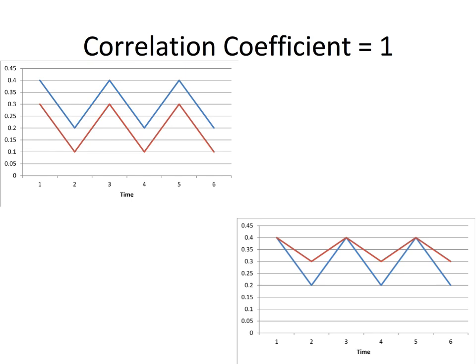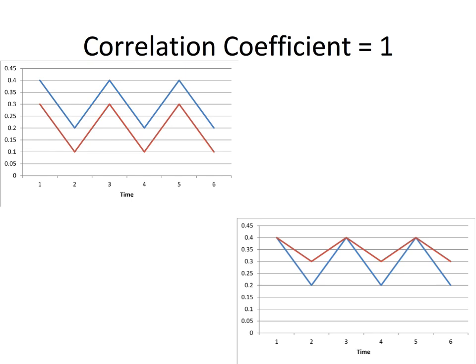The blue line is returns from one asset, and our asset in blue in time period 1 has a 0.4 return, or 40% return, excuse me, in time period 2, 20%, and it just bounces back and forth. 0.4, 0.2, 0.4, 0.2, 0.4, 0.2.